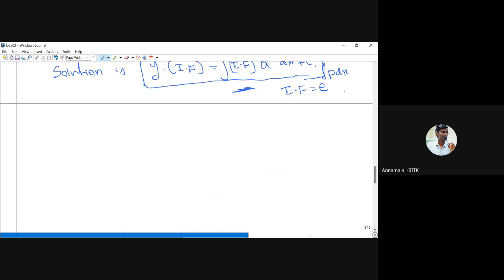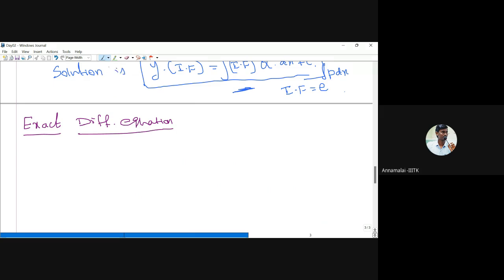Exact differential equation. There are some forms there.